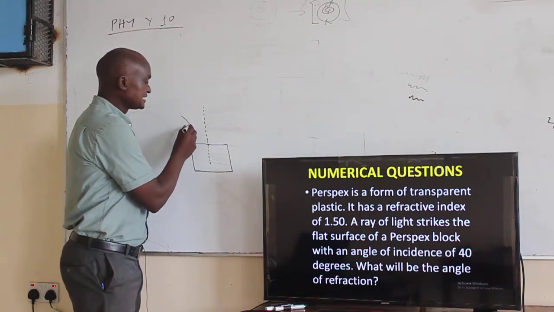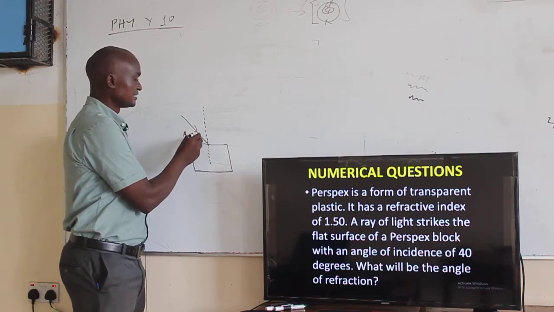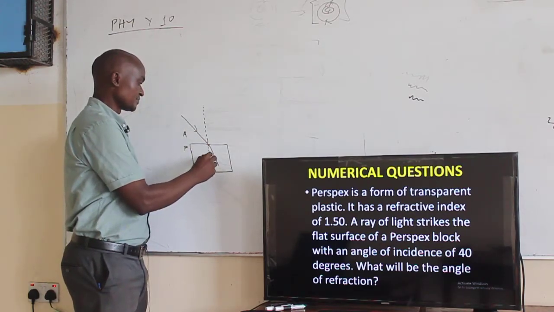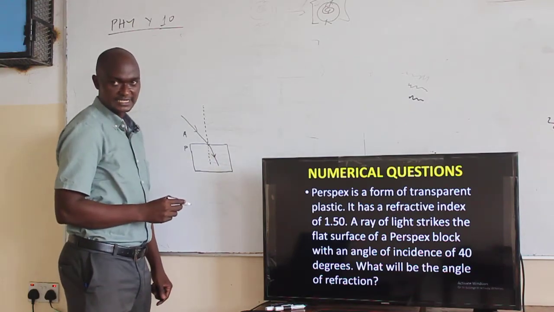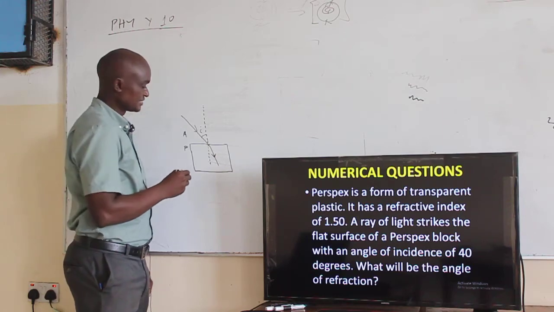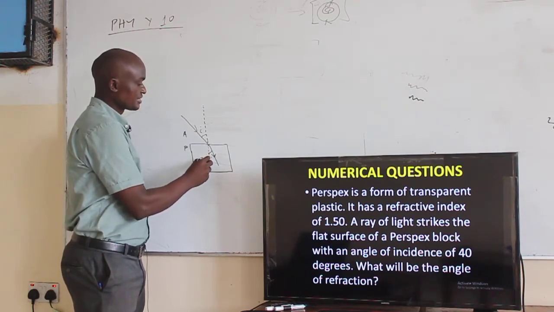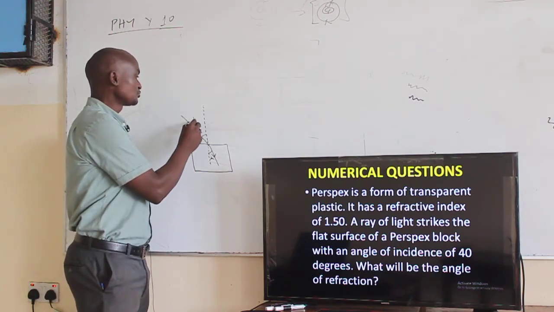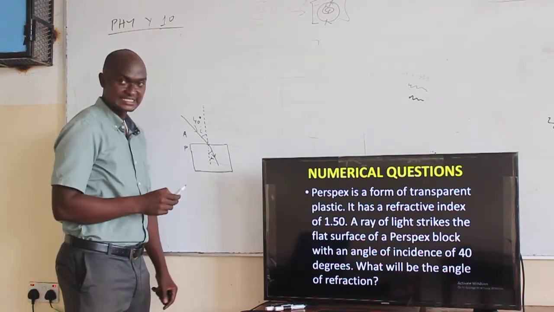So a ray of light incident to the perspex will be refracted. This becomes the angle of incidence, while this becomes the angle of refraction. In this case, we are told that this one is 40 degrees.